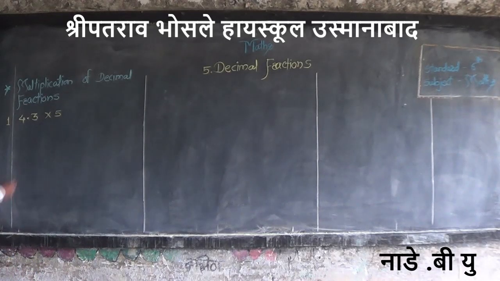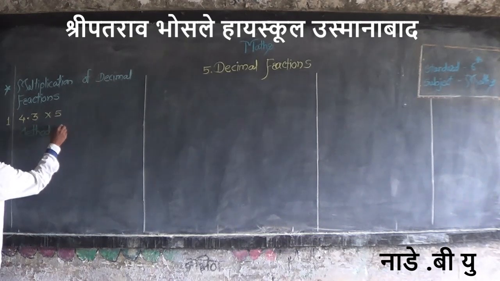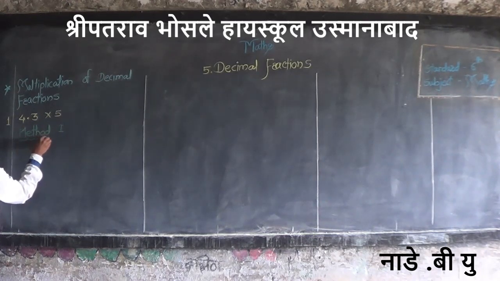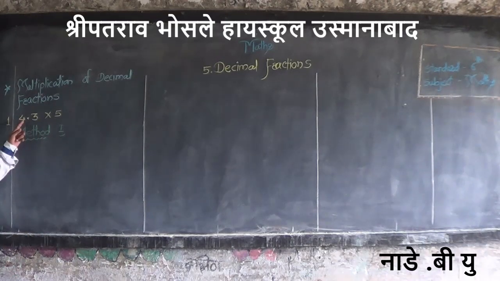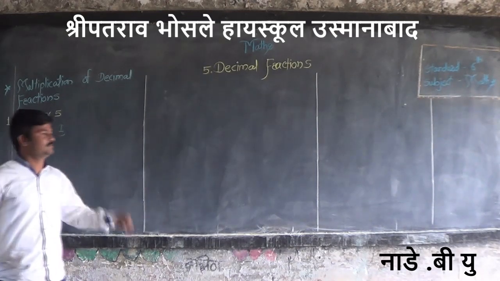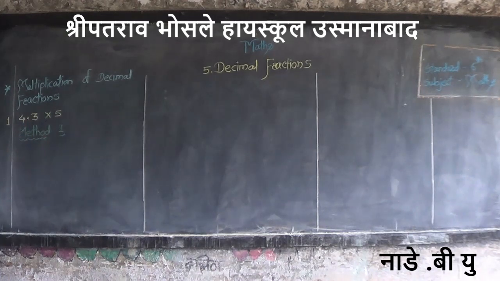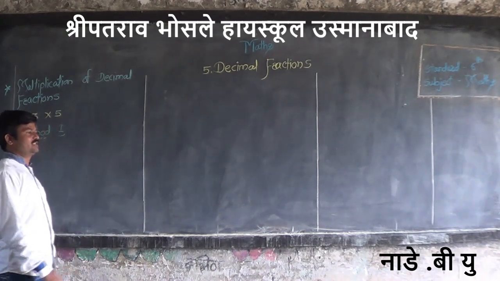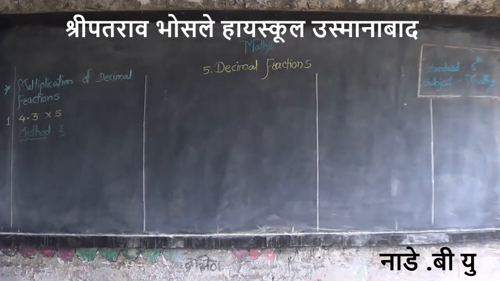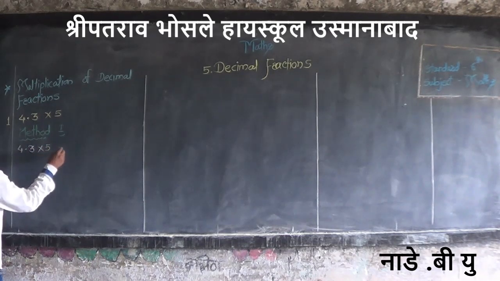The first method: convert the decimal fraction into a common fraction. Here 4.3 is a one-place decimal fraction, hence the denominator is 10. 4.3 into 5.